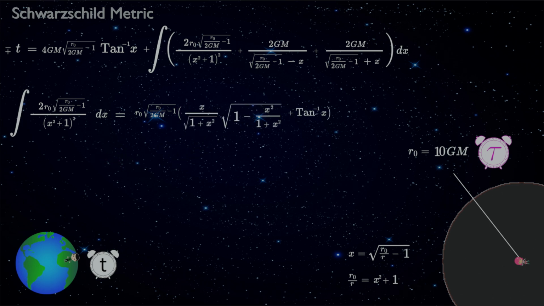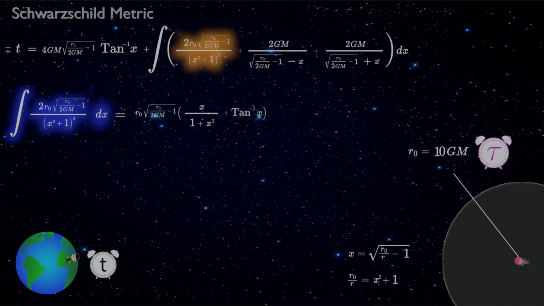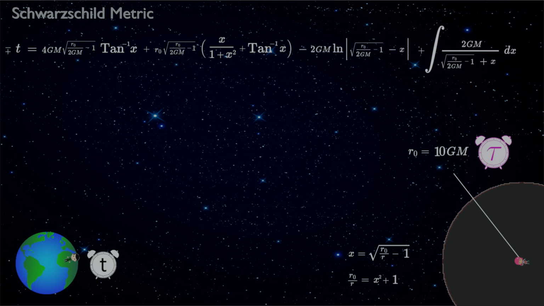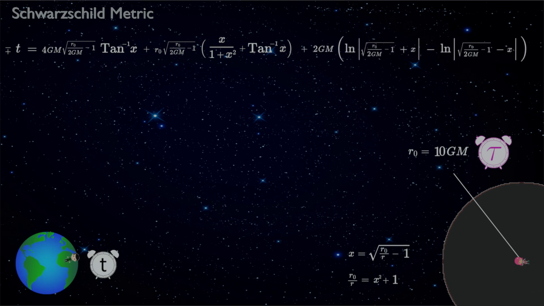The terms inside the big square root can simplify. We've now finished the integral, and we can insert it back into the original equation for t. And the integral of the last two terms are nothing but natural logarithms. After factoring out a 2gm, the logarithm terms can be combined into a single logarithm term.